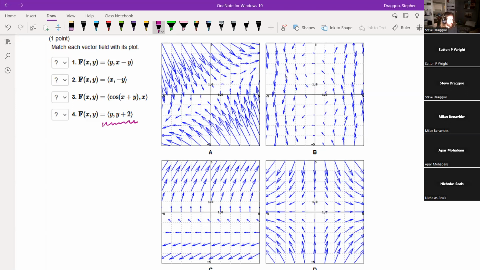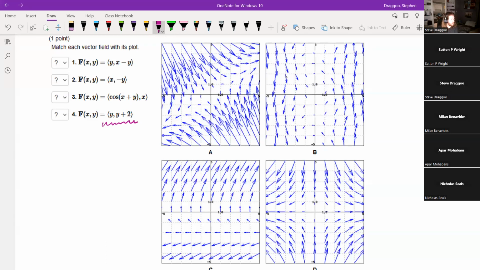Things I expect to see: that vector field has no dependence on x. So as I look from left to right, I expect all of my vectors to stay the same. Shifting the graph left and right should not change the vector field at all, because again, it's not dependent on x at all.